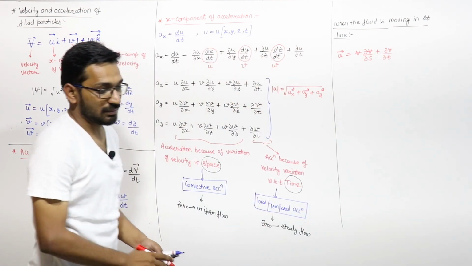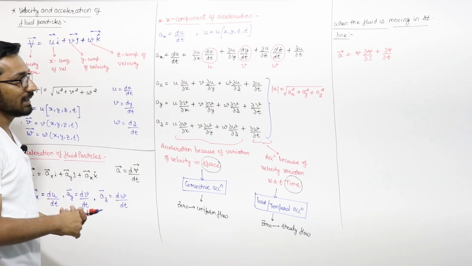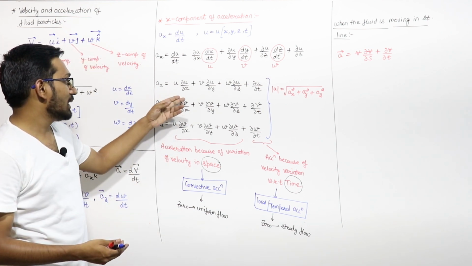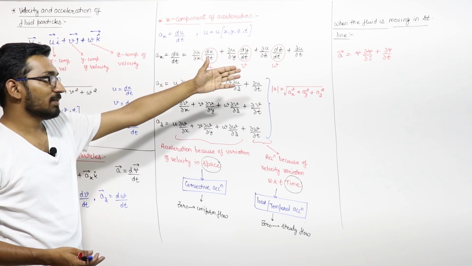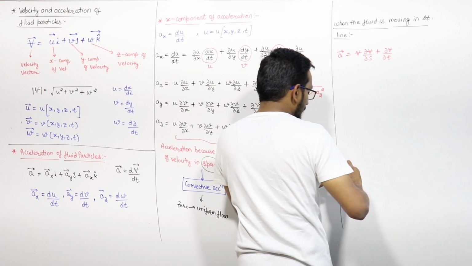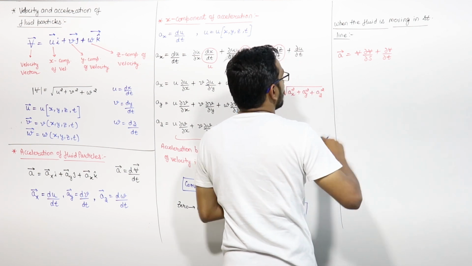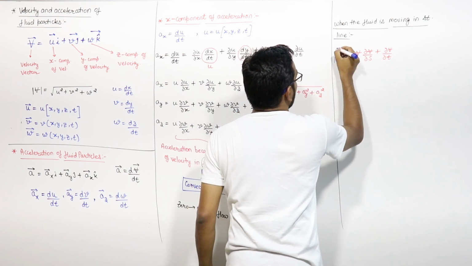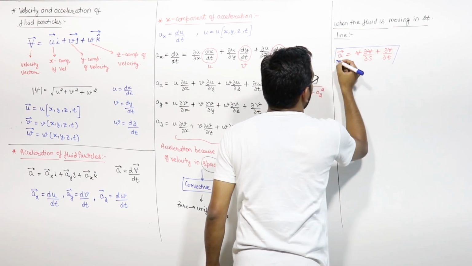This you have to remember. This is u into del u by del x. I am just writing the simple equation. So this will be your acceleration when the fluid is moving in a straight line.